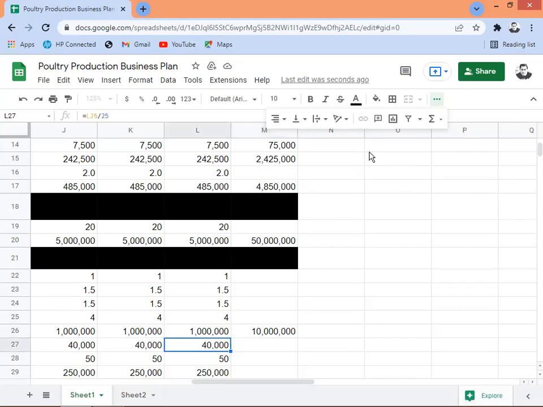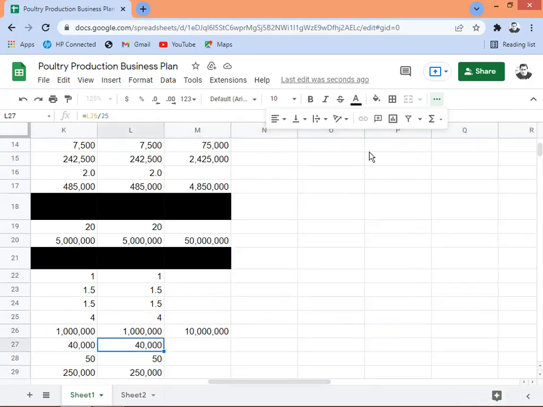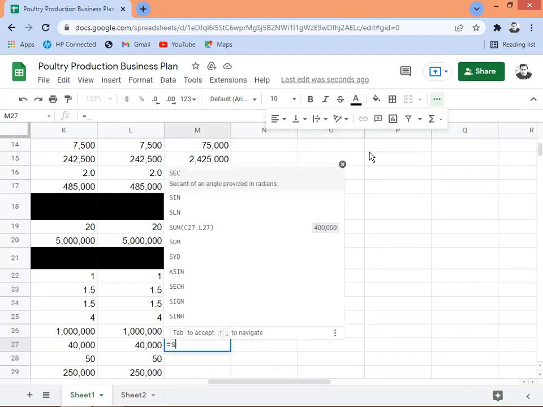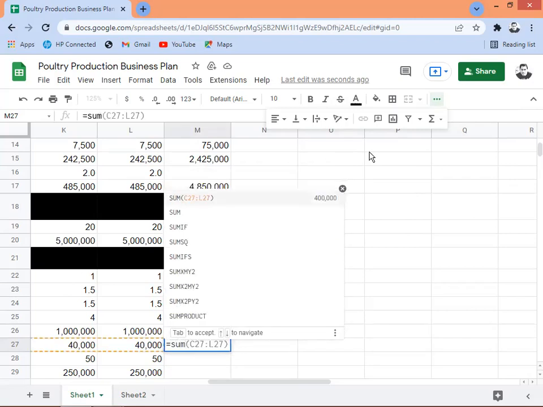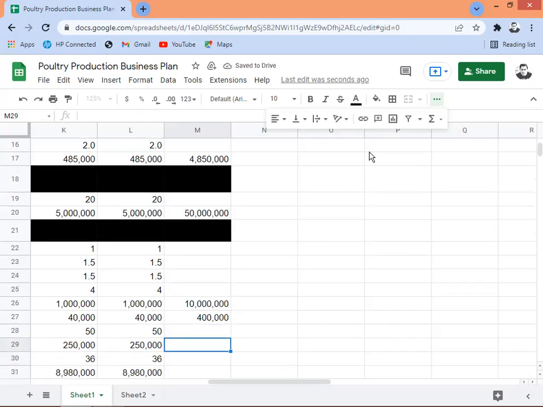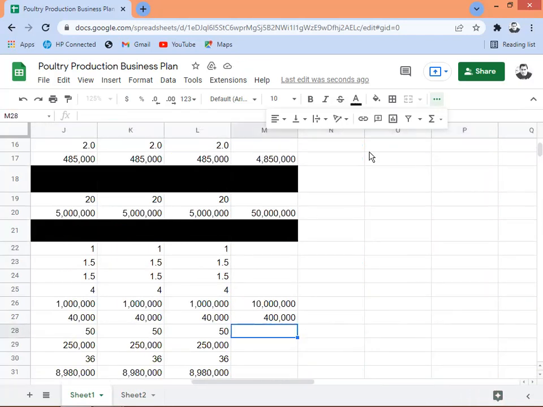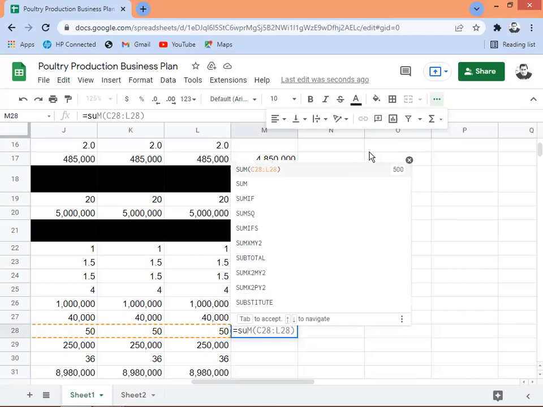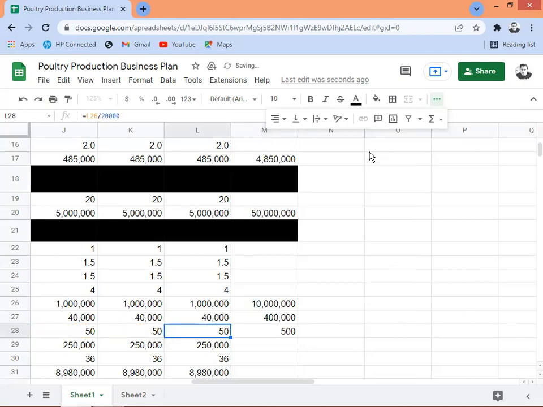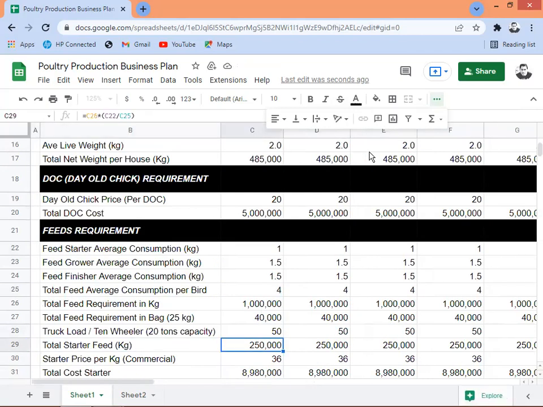The 40,000 is the bags, so total bags, we can also sum this. This 50 is the truckload, we can also sum this up.